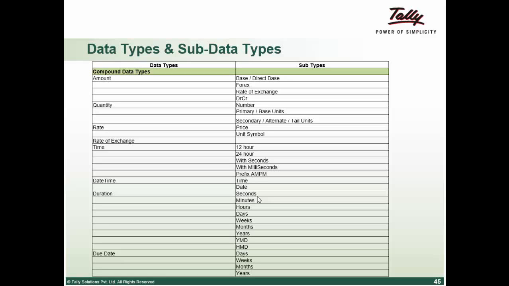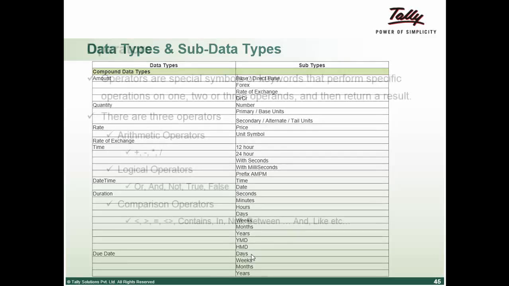And then we have the due date, which can be returned in days, weeks, months, and years. Please refer to the data types reference manual for details on each of these data types.